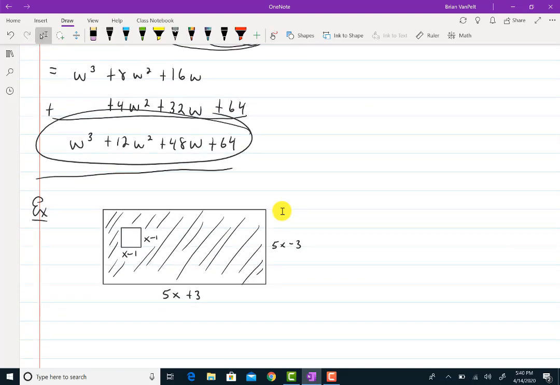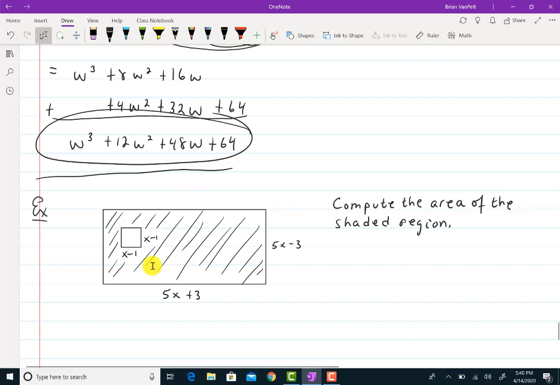So compute the area of the shaded region. The way you can do it is you can take the area of this outer rectangle and then simply subtract off that area that's missing.